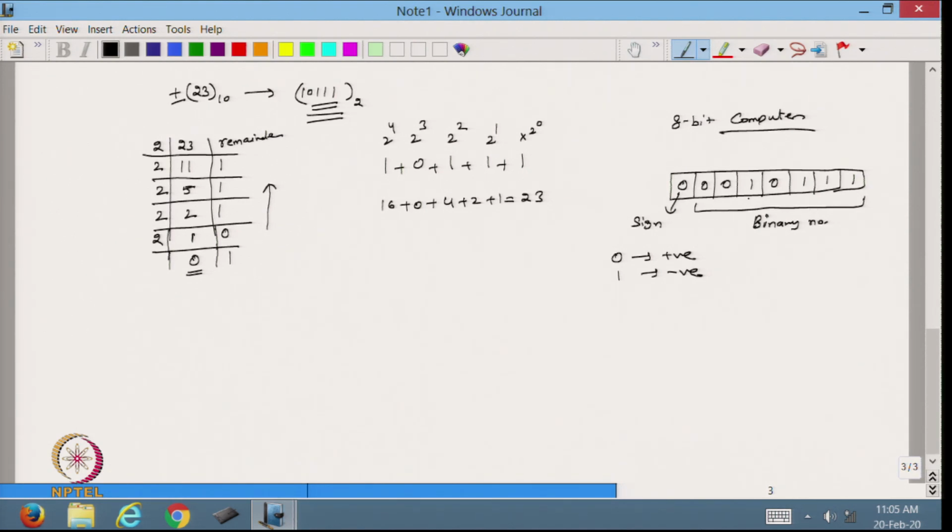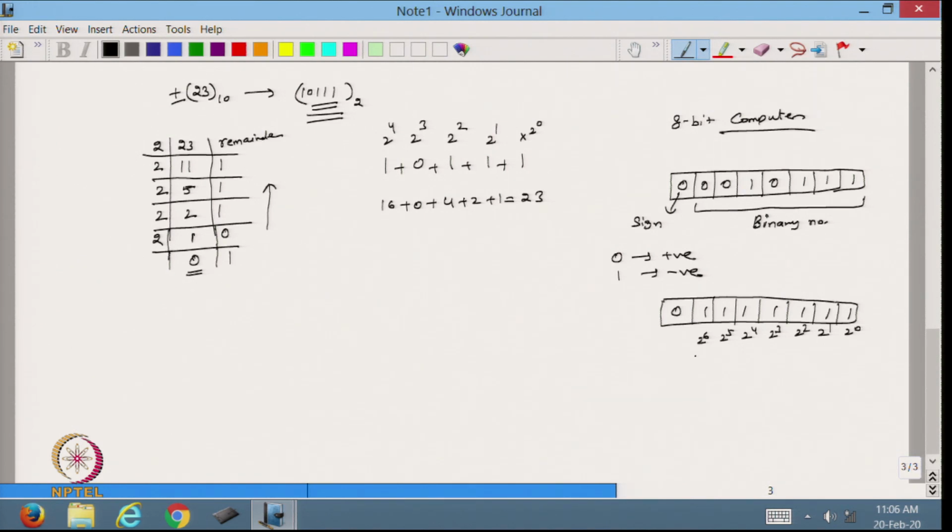Suppose I have an 8-bit computer and I want to check what is the maximum number we can save. In this case the maximum number that can be saved is when all values are 1. So 1 1 1 1 1 1 1. It is the seven 1s, and here it is the sign. Suppose I take 0, the positive sign. So in this case the maximum number is 2 raised to power 6, 2 raised to power 5, 4, 3, 2, 1, 0.